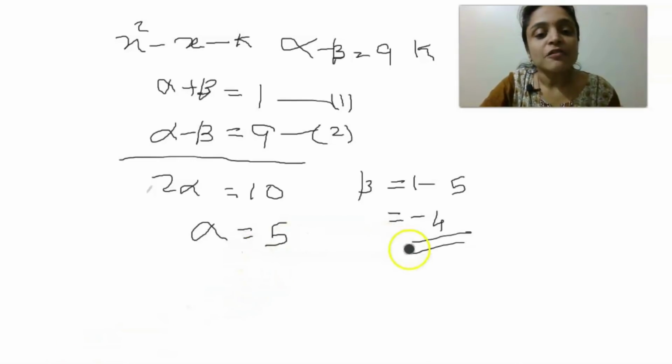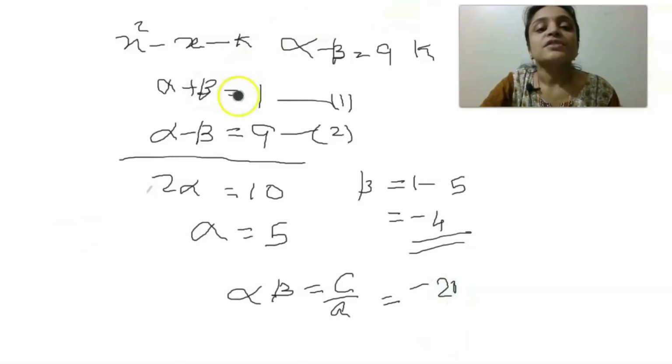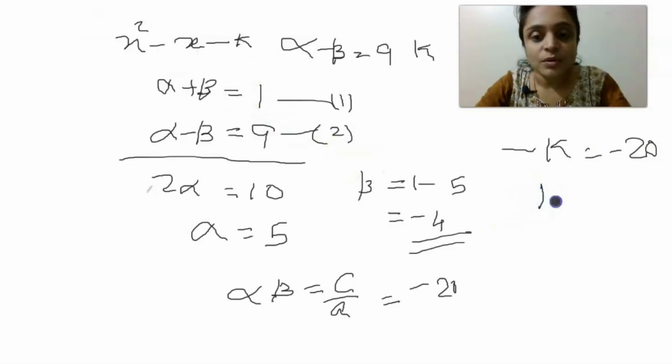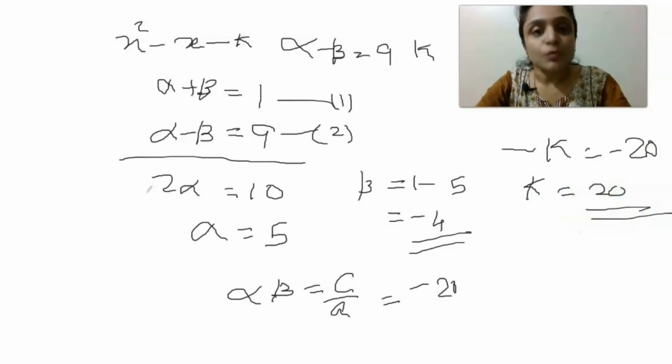So alpha into beta equal to c by a equal to 5 into minus 4 equal to minus 20, which means minus k equal to minus 20, k equal to 20. So we got the value of k as 20.